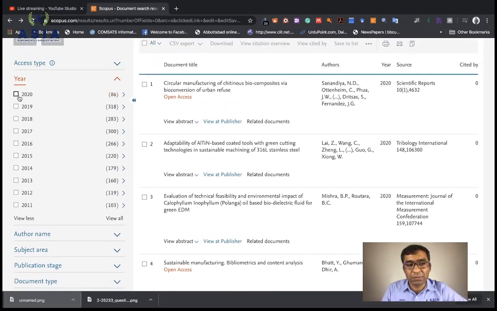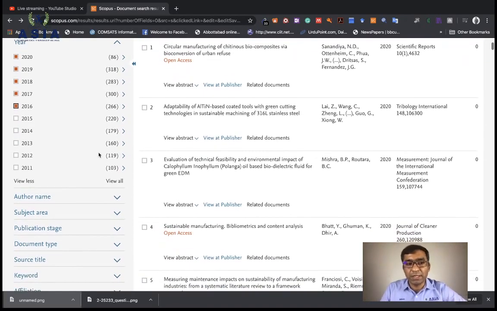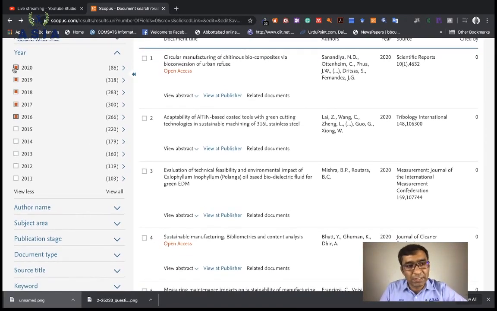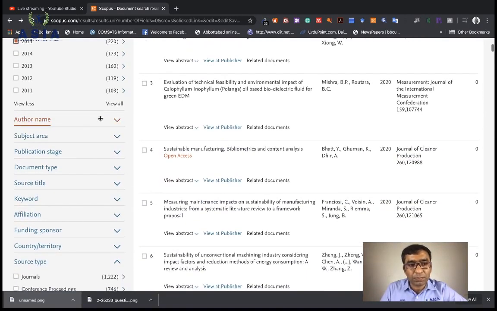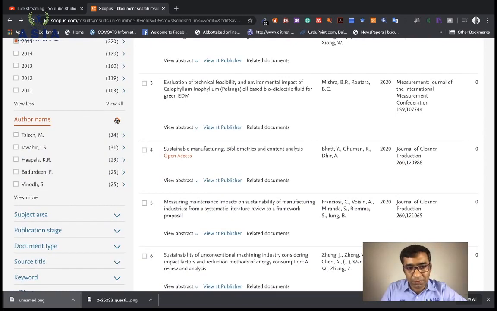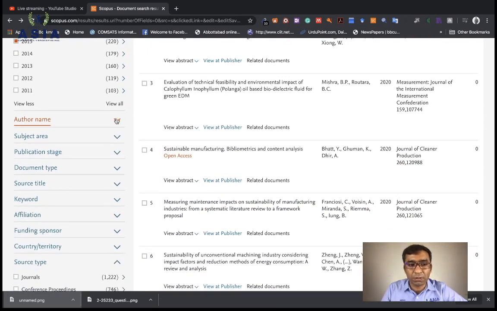If you want to make it for 5 years, let's make it from 2016 to 2020. Let's see how it works. Or maybe in some research we exclude 2020 because it is not completed yet, so we just take 2015 to 2019. Then if you want to add or remove a particular author, you can do that.